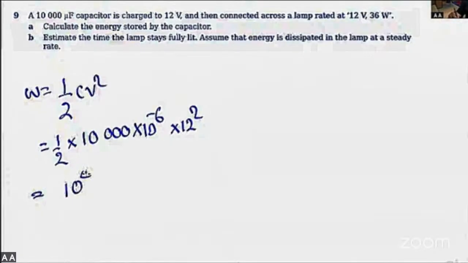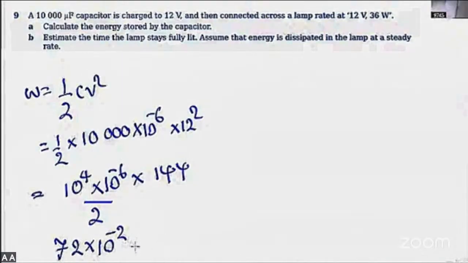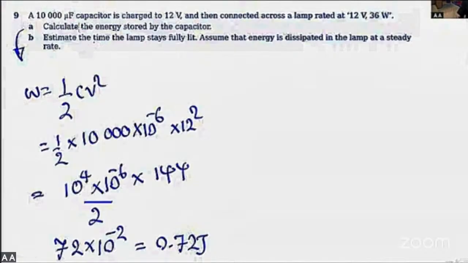Then 10 to the power 4 into 10 to the power minus 6. 12 squared means 144 over 2. 144 over 2 is 72. 72 into 10 to the power minus 2. That means 0.72 joule. That is the answer for part A.